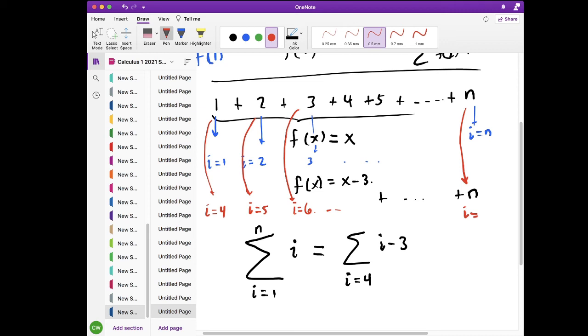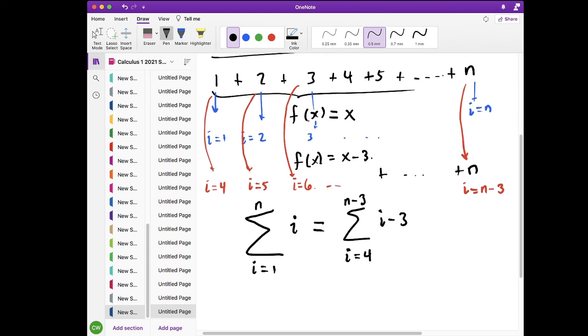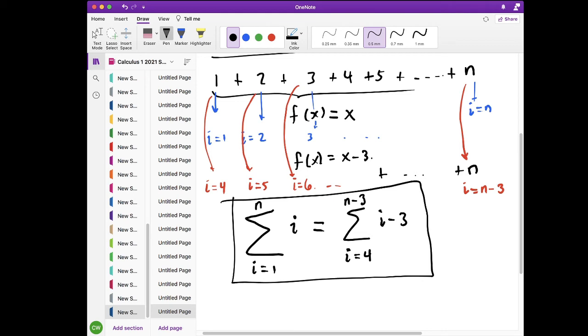Good, yeah, n minus 3. Okay. So just be aware that the sums are not unique. You can adjust the function, f of I, and the index to make two sums the same. So these two things give the same value.